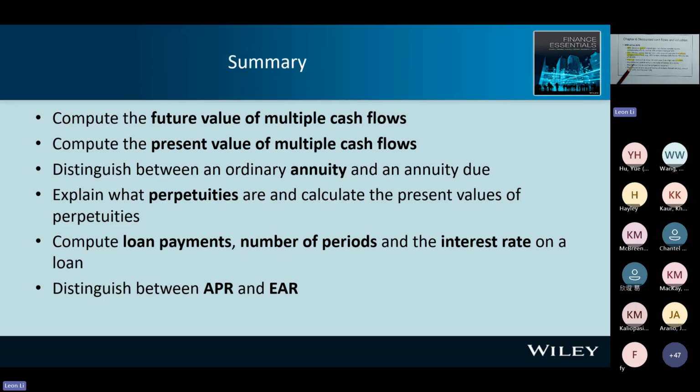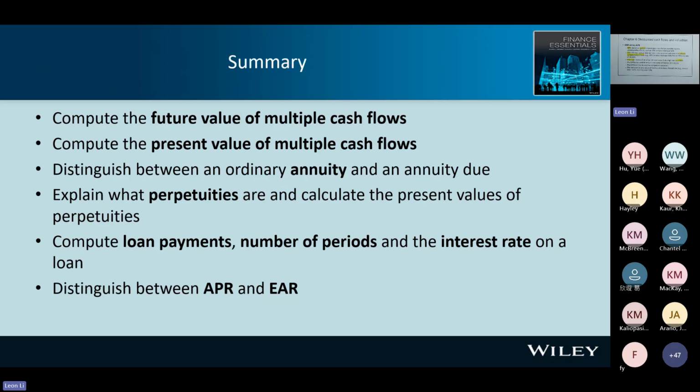But there is a note here. When we do the time value of money calculation, we don't use the EAR, right? When we do the calculation, we use the period rate. Period rate is APR divided by the number of periods per year. So EAR is for comparison purpose.